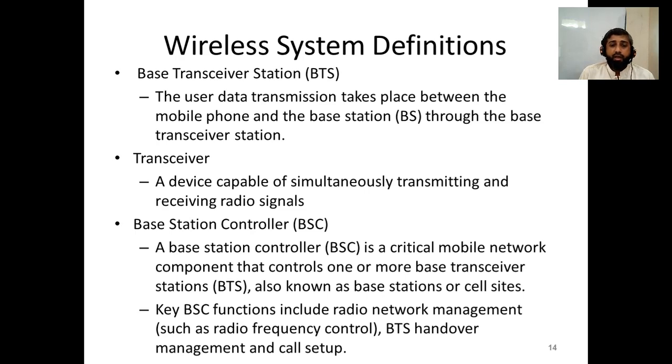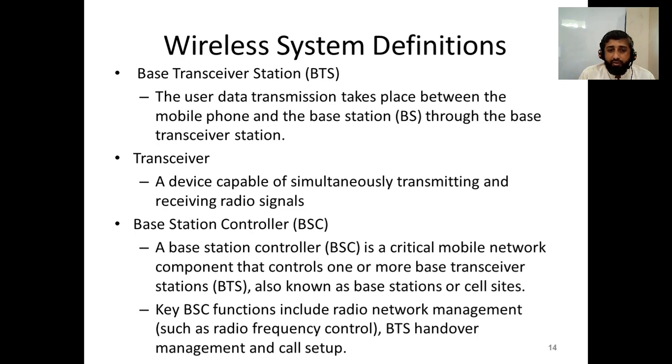In mobile communication, each station is intended to have duplex communication, so each station is required to have a transmitter as well as a receiver. If you are using a mobile phone, at some point you will be transmitting, and at some point you may be receiving signals, so it has both a built-in transmitter and receiver. The combined term for transmitter and receiver is transceiver. A transceiver is a device which is capable of simultaneously transmitting and receiving radio signals.